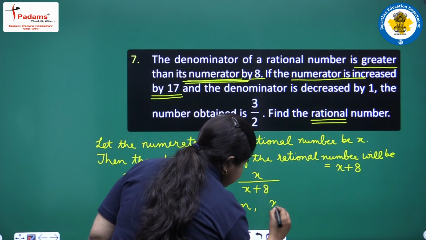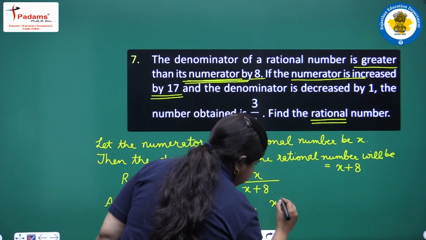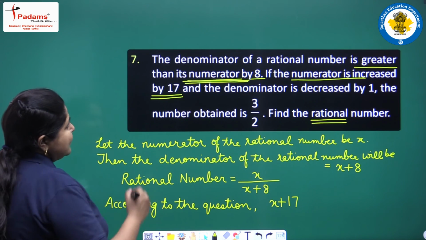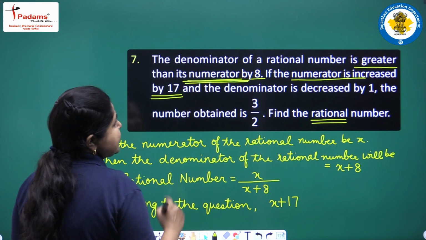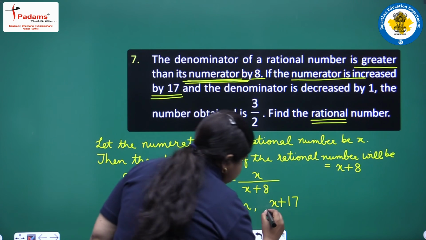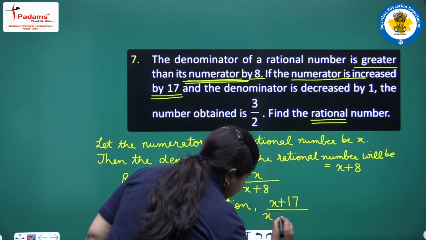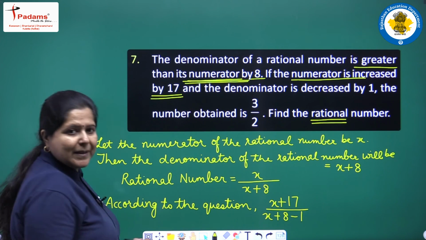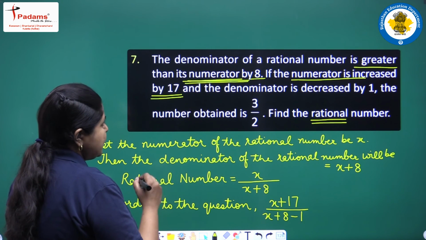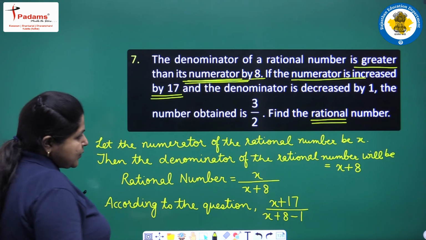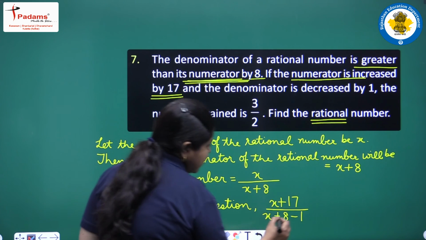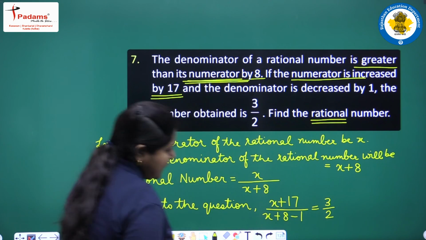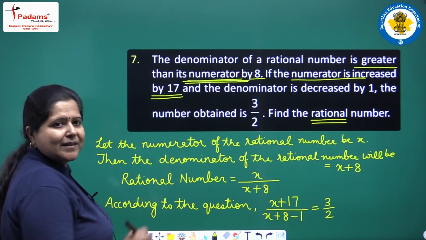So, x is the numerator, let us increase it by 17, that is it will become x plus 17, and the denominator is decreased by 1. The denominator is x plus 8, decrease it by 1. So, it will be minus 1. The number obtained is 3 by 2. So, this new number formed is equal to 3 upon 2. This is the equation as per the question.